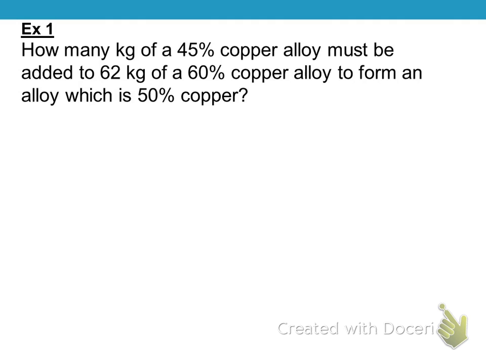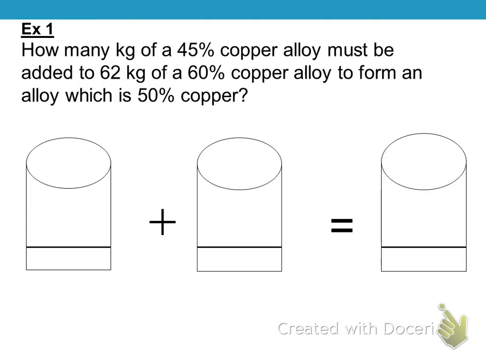Okay? So let's draw our little canisters. This is all math. It's just symbolizing a mixture. We're not actually mixing paint. Although there is a lot of math involved in that. Okay, so what goes where? The 60% copper in the first can.